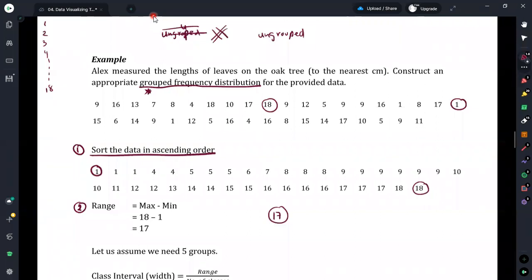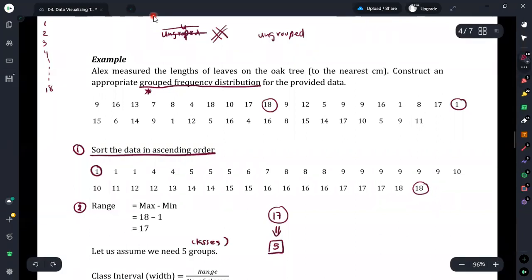Since this is somewhat a small value compared to the values we are obtaining, I will limit it to 5 classes. Therefore, we'll assume that we need 5 groups.